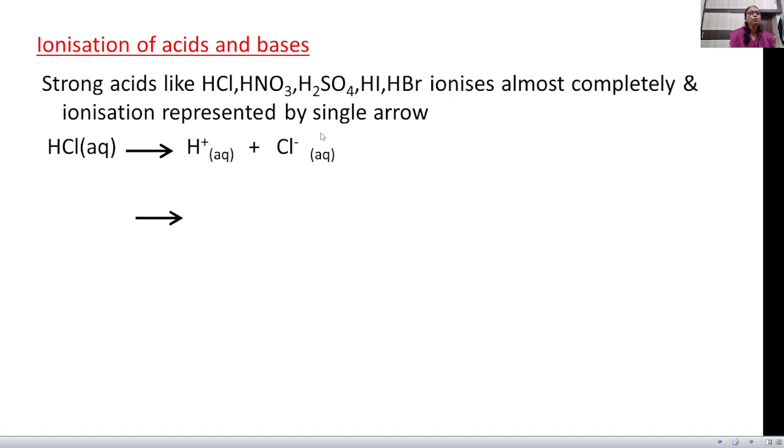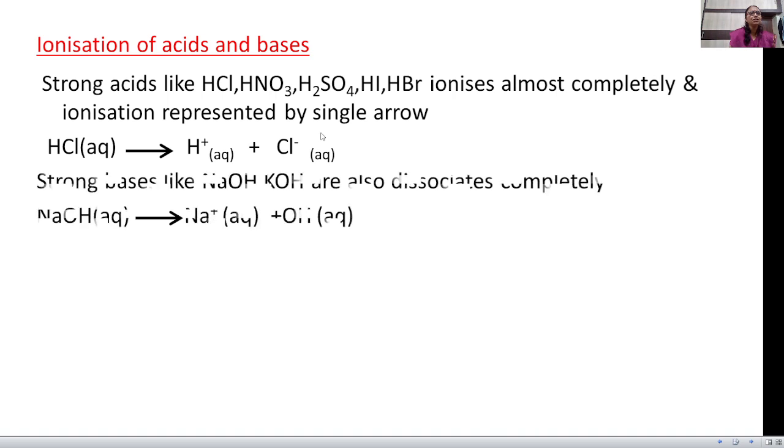You have to remember strong acids and strong bases also. Strong bases like NaOH, KOH also dissociate completely. NaOH dissociates as Na+ and OH- ions in aqueous solution. Here the minus charge should be on the OH.